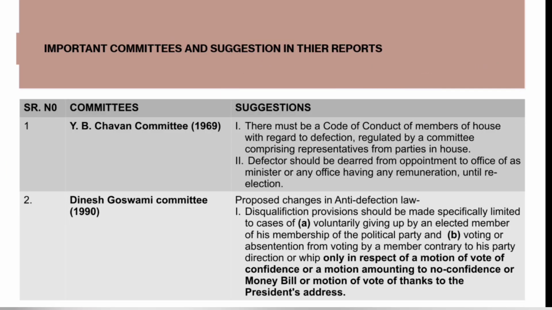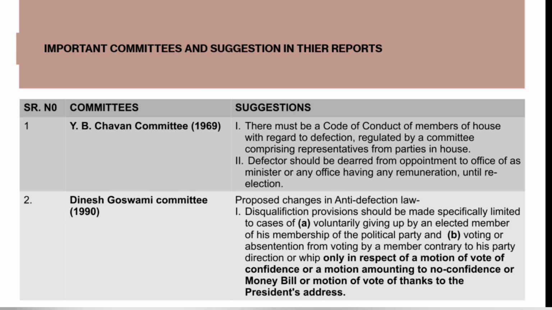There were many committees and their reports were published in which the committees have given some important suggestions with regard to this law, and these committees, since the very beginning of the struggle to introduce this law to the present time, suggested further changes by different people and committees.